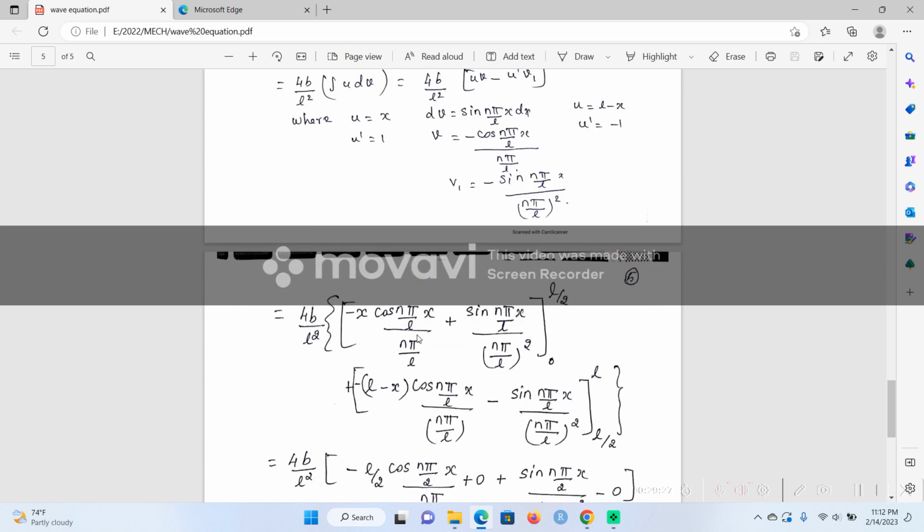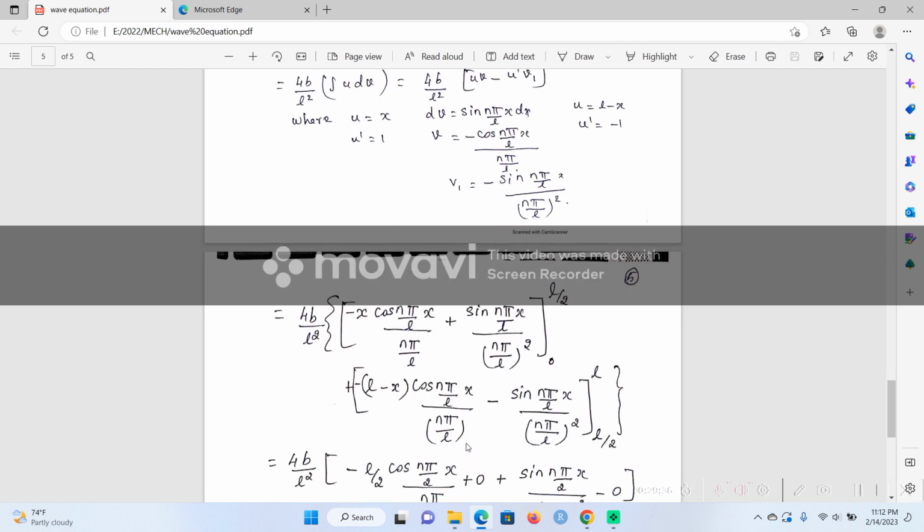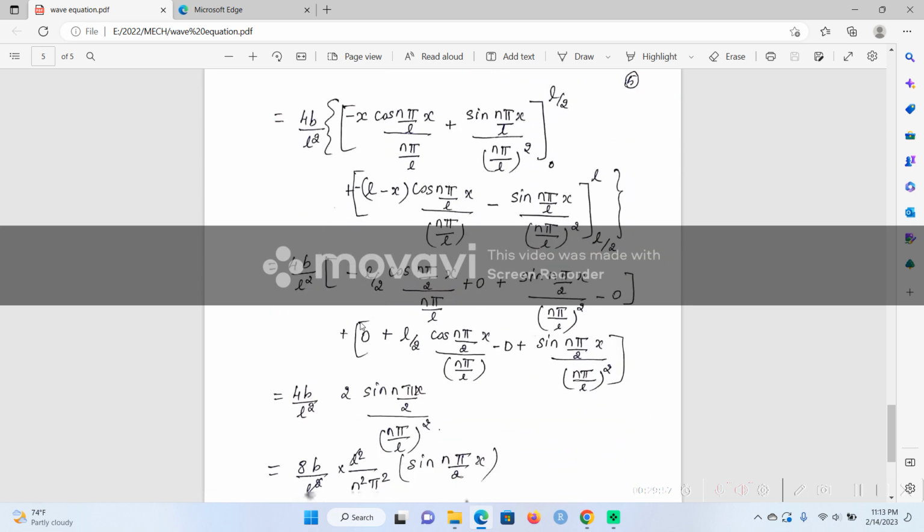Similarly for the other one, u is L minus x and v is minus cos, so it is minus (L minus x) cos of this term, and in the formula we have minus u dash 1 minus and v1 minus, so 3 minuses are there, so we have minus, and this one is between the limits L by 2 to L. So outside we have the constant term 4b by L squared.